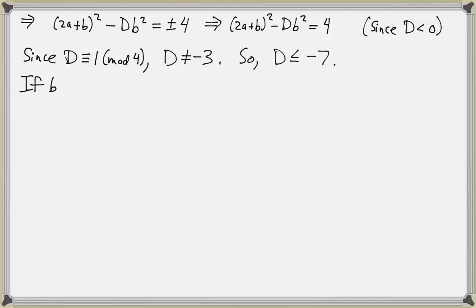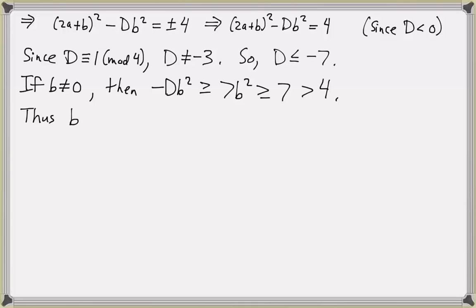Now if b was not equal to 0, then negative D b squared would be greater than or equal to 7b squared. And since b is not equal to 0, this would be greater than or equal to 7, which is definitely bigger than 4. So the only possibility for a norm to be 1 would be if b equals 0.